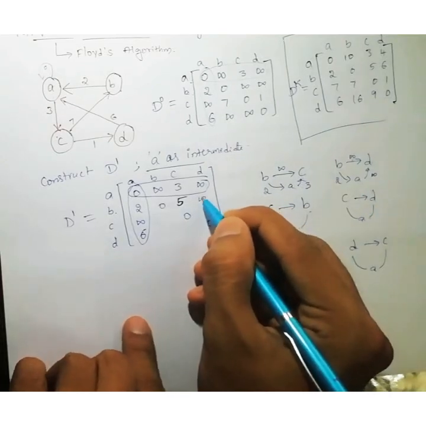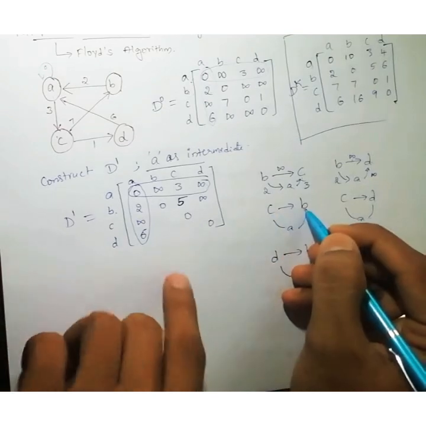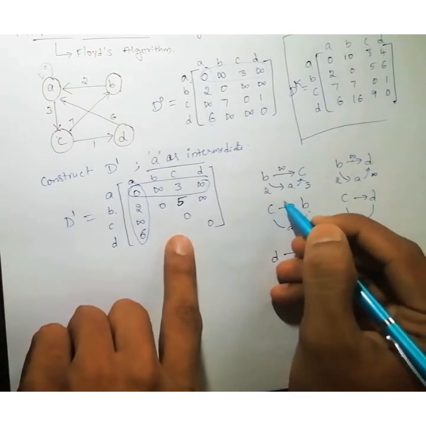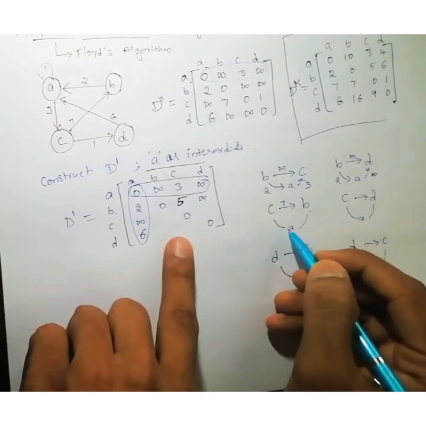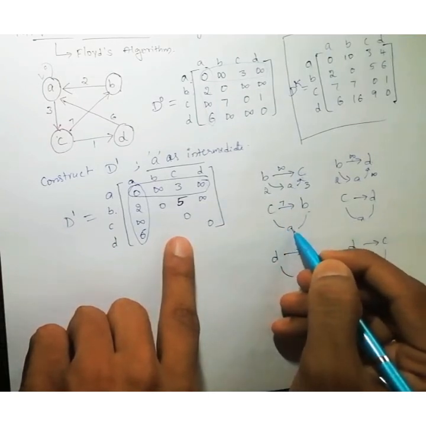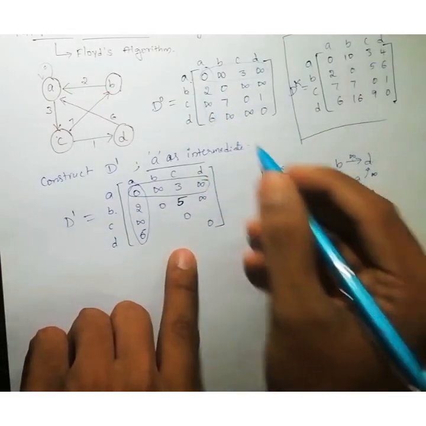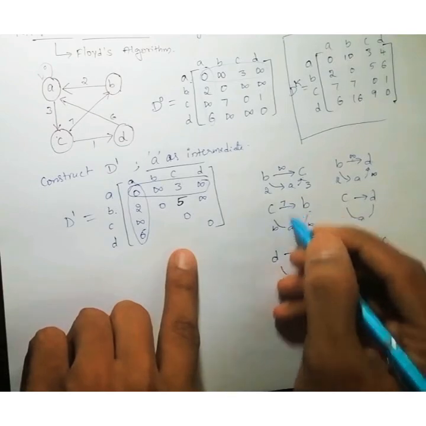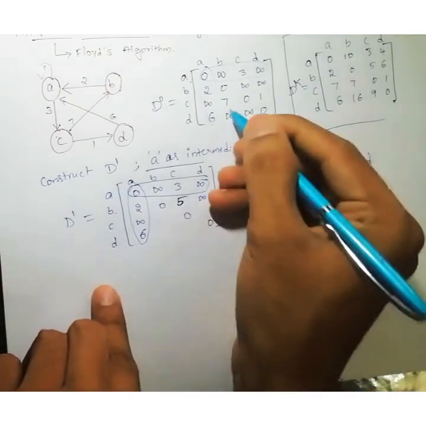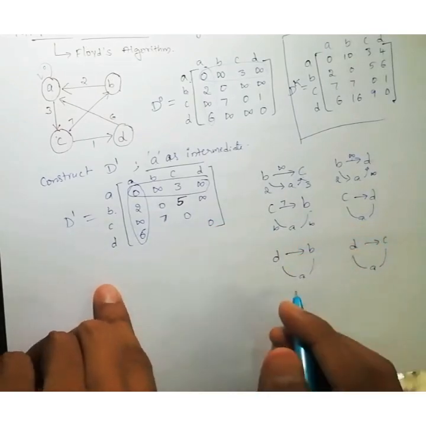So no change occurs in B to D. Again C to B, check the edge C to B. C to B, initially it is value 7. So now by using intermediate node A, C to A infinity, A to B infinity. So which one is minimum, infinity or 7? 7. So 7 as it is. So no better path we are getting.